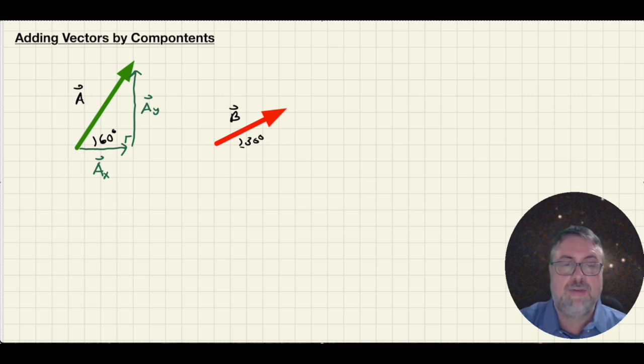Now notice that we've just made a right triangle. Also notice that vectors AX and AY are arranged tip to tail, and so A would be the result of adding AX and AY together.